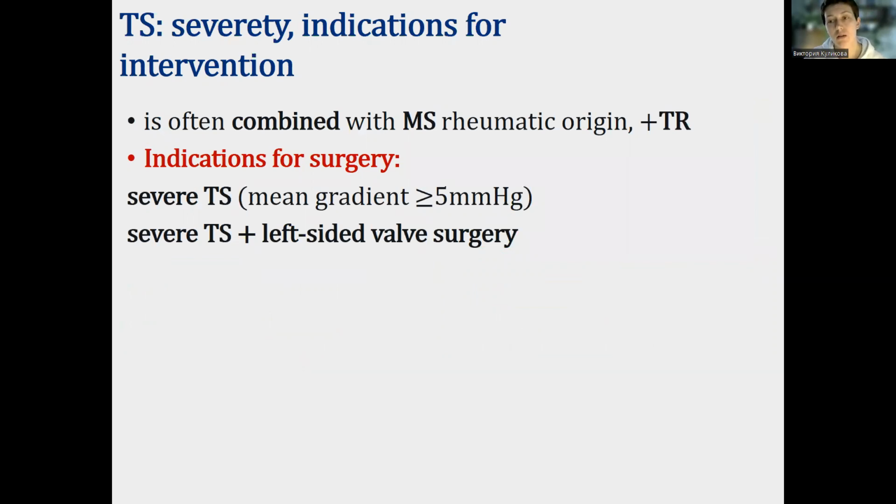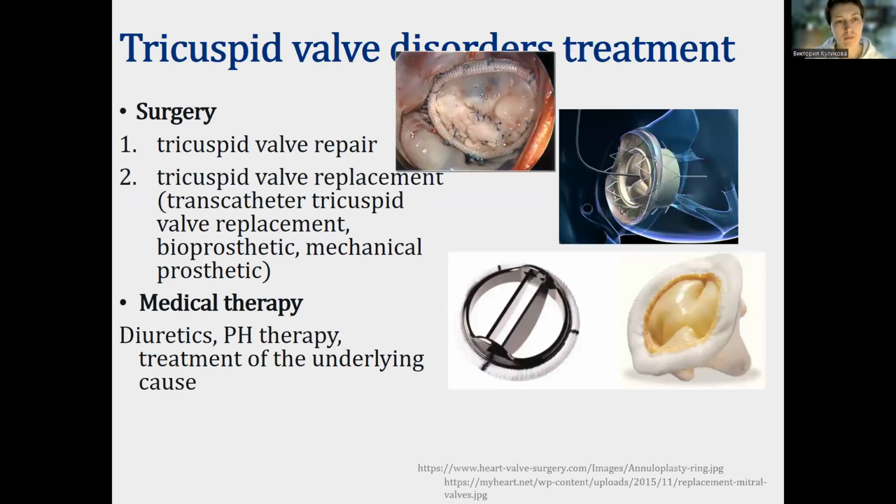Mind that tricuspid stenosis is often combined with mitral stenosis due to rheumatic disease and with tricuspid regurgitation. We can choose tricuspid valve repair or replacement, transcatheter tricuspid valve replacement, bioprosthetic, or mechanical prosthetic. Medical therapy includes diuretics and pulmonary hypertension therapy.